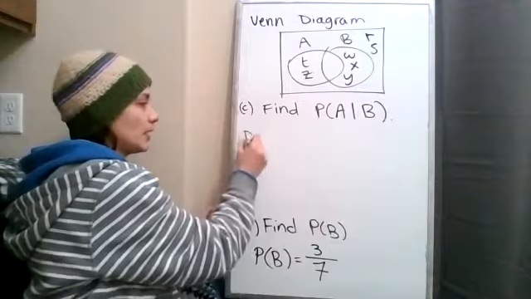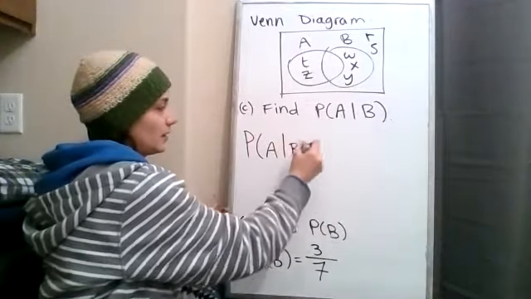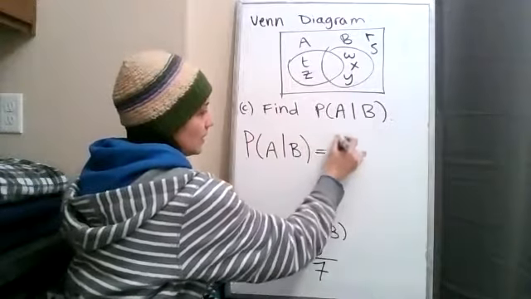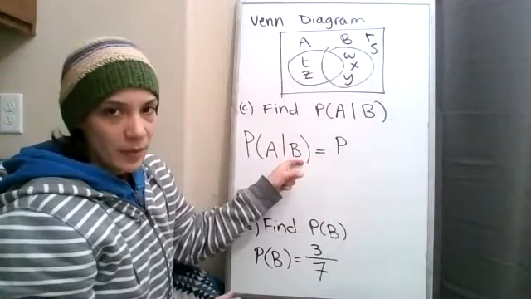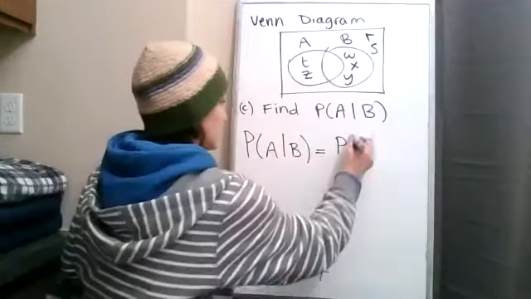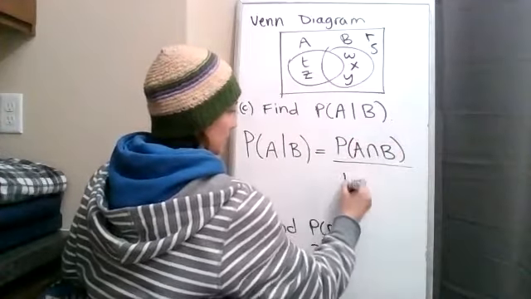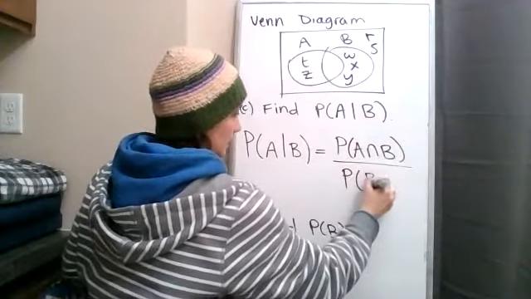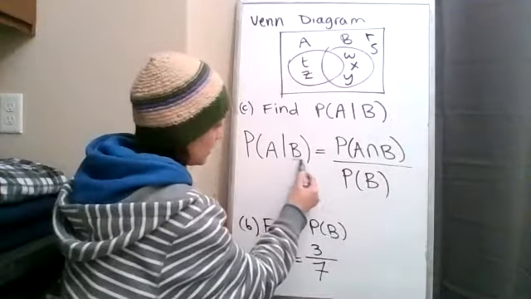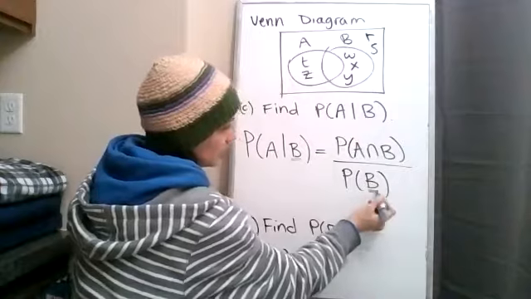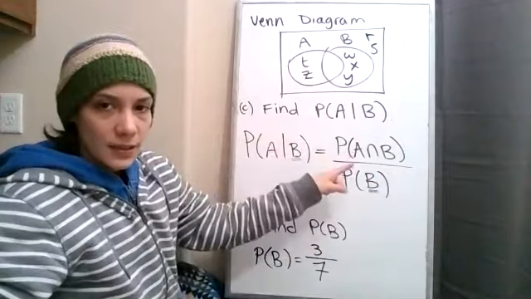Take probability of A given B as probability A intersect B divided by probability of B. This one first.